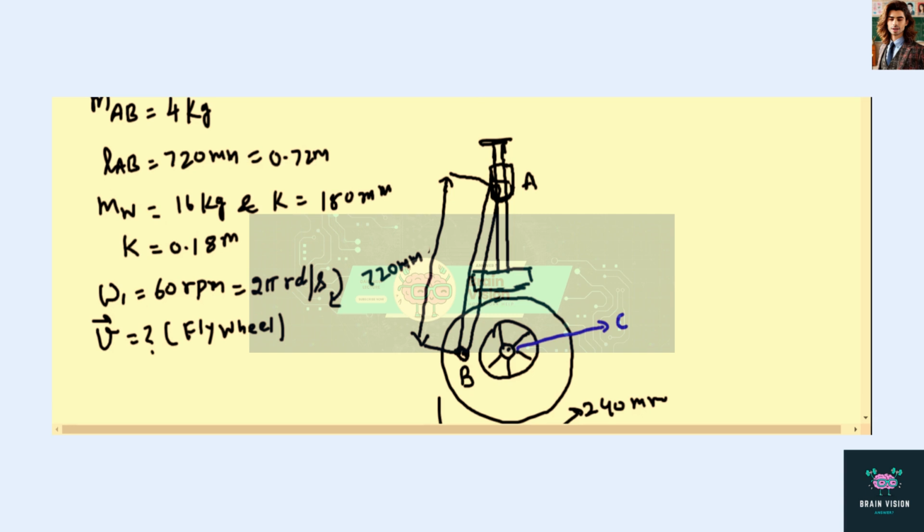So, we have to find the velocity of the flywheel when point B is directly below C.